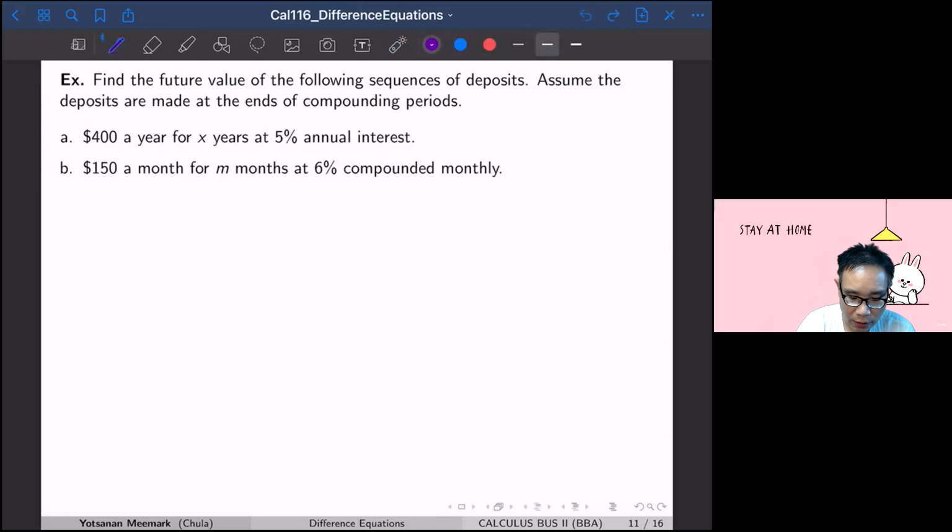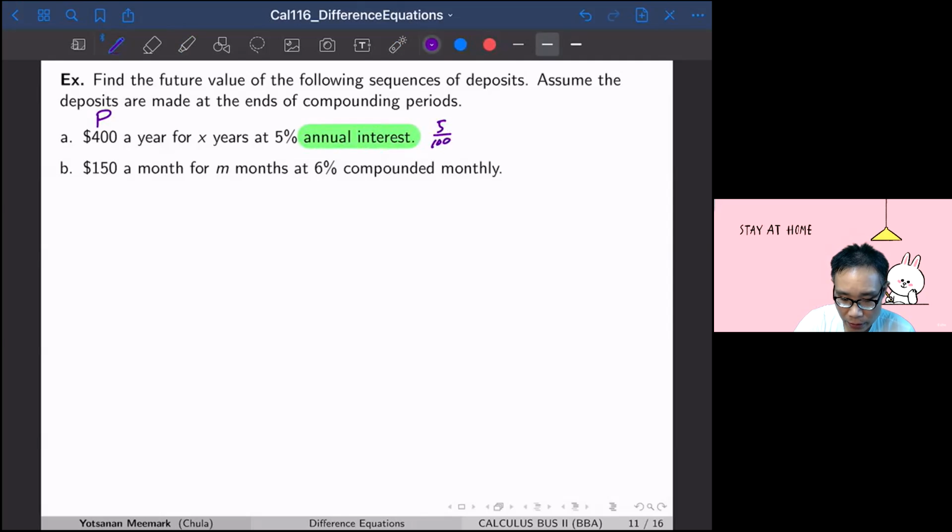Okay, so I'm not going to worry about the principal, I'm going to call the principal P. That is the money that you deposit each period. And you have the annual interest, which means you're going to have 5% per year, so it's 5/100.